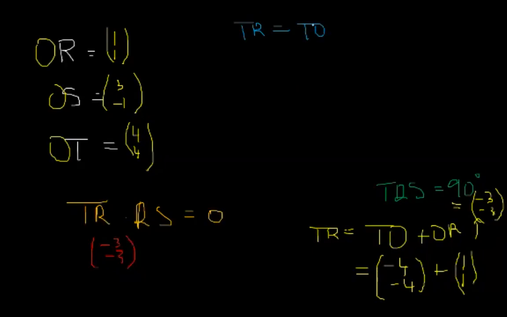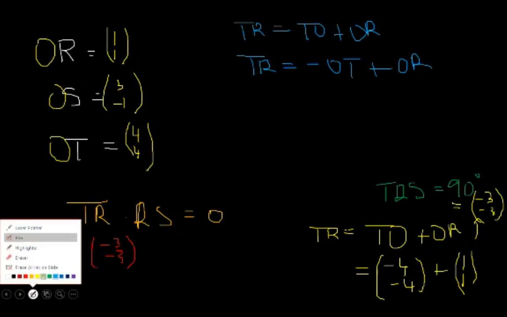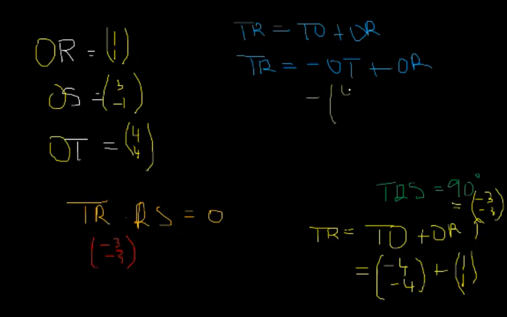Okay, let me start making assumptions now. So this is the original line I had, but TO is the opposite of OT. So then I would say minus OT plus OR. And minus OT, which is 4, 4, would give me minus 4, minus 4. Let me just write that out as well. Minus OT plus OR.